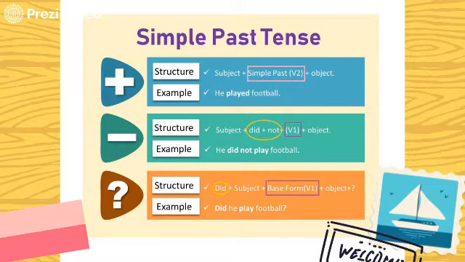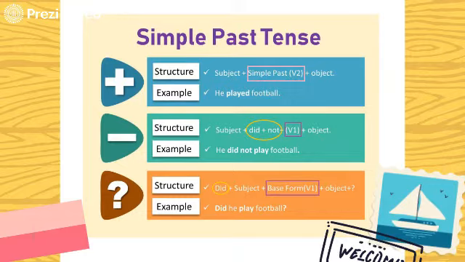You can use did not or you can join it together in a contraction like didn't. The example: he did not play football. Or the same, he didn't play football. The verb play no longer has ed. It's play, simple, the base form.